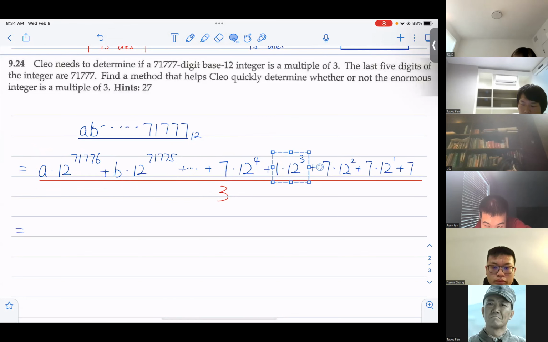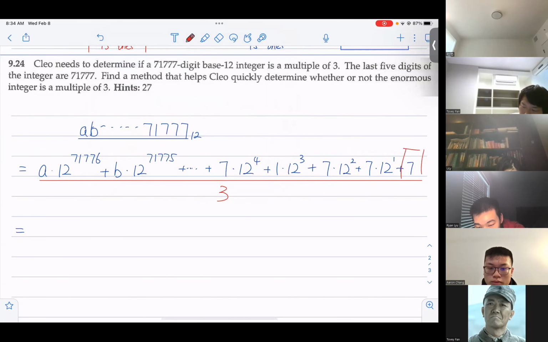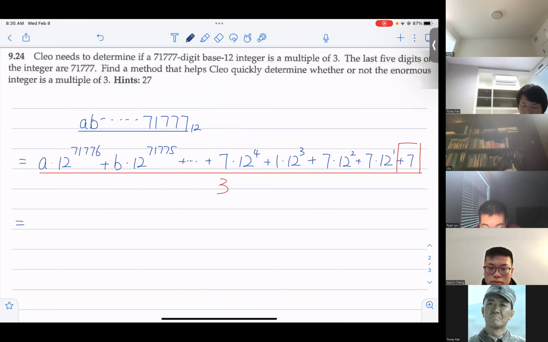This can be divided by 3 because you have three 12s. This can be divided by 3, and only the last digit could not be divided by 3. So only the last digit here, I'm going to just circle it. So this means that this number is not a multiple of 3.